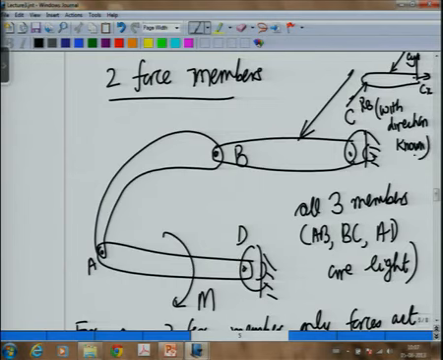So, this is how the two force member concept will help me in drawing or solving the link to which the two force member is connected. It will not directly help me in finding forces there, but when I draw the link to which this two force member is connected, I will get a case like this.